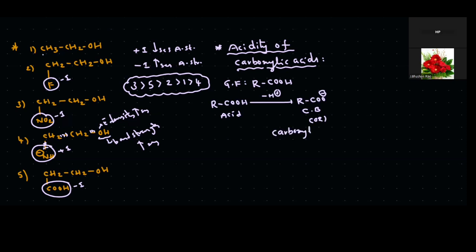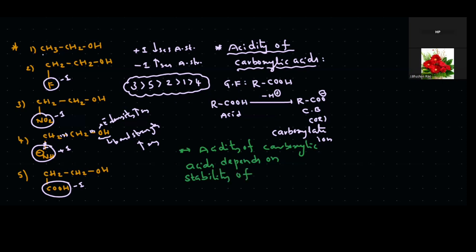Carboxylate ion. Before, we also discussed one case: the acidity of carboxylic acids depends on the stability of which one?